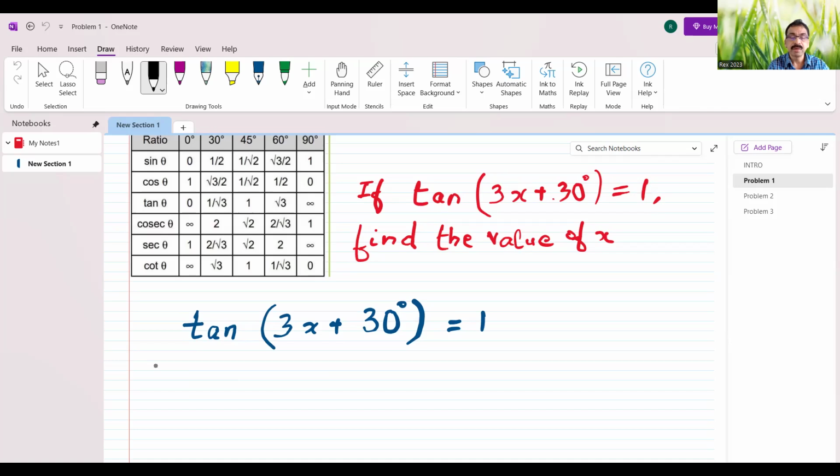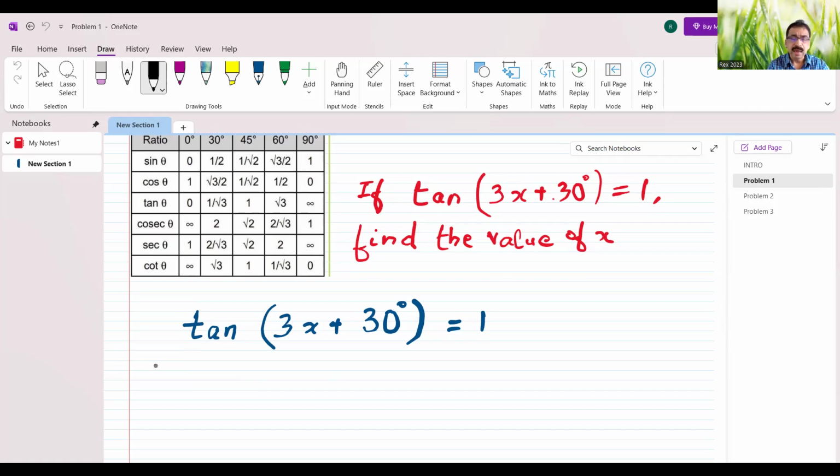Now, our objective would be to convert the right hand side, which is now showing as 1, in terms of tan. Then you will have the left hand side as well as the right hand side having values of tan. I'll give you a hint here.